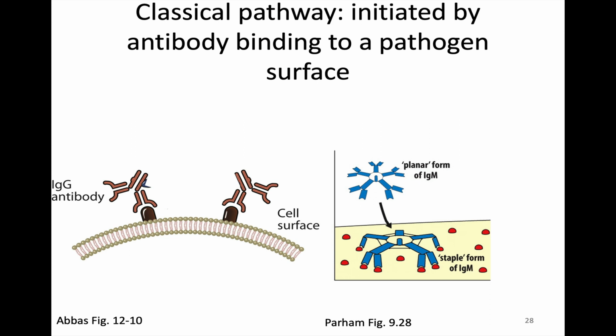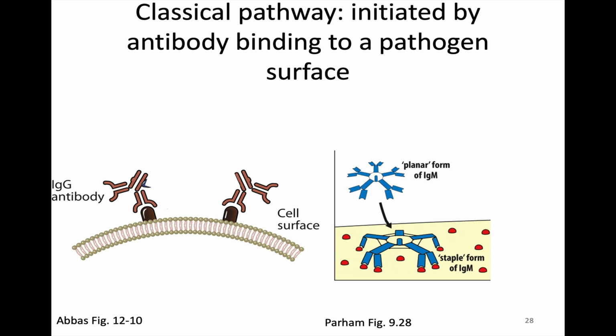Once those antibodies have bound to our pathogen surface, you can see they have these little tails that are sticking up. And we are going to have a protein that binds to those little tails.